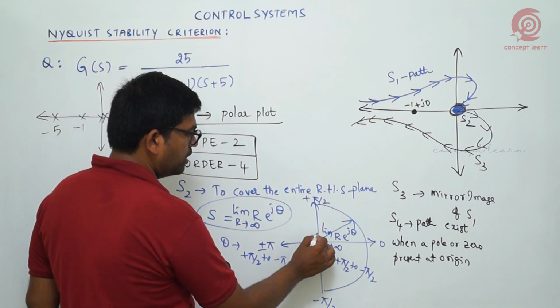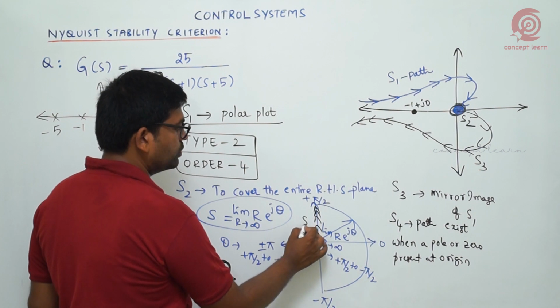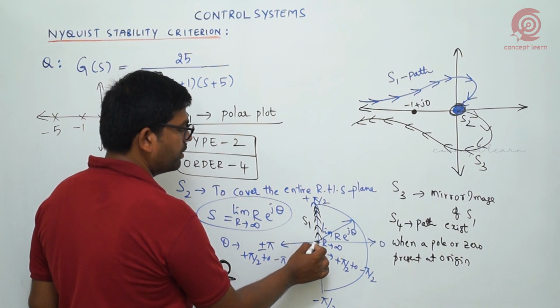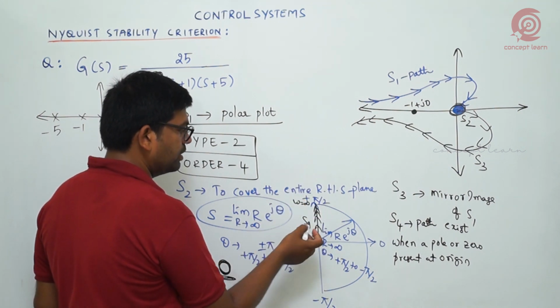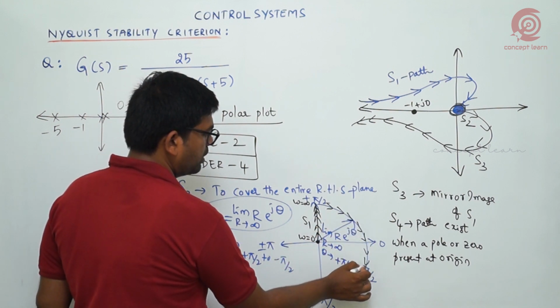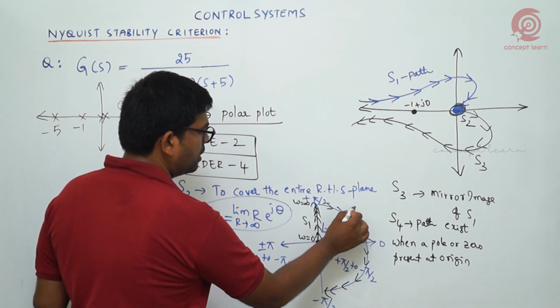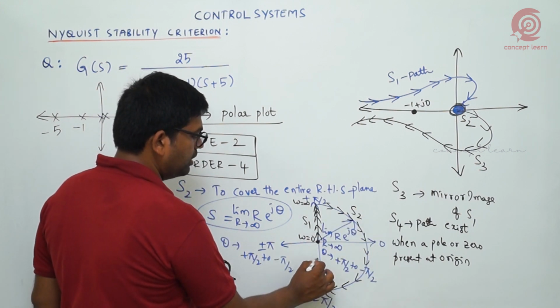This is the S-plane mapping. This is S1, where we are starting from omega 0 to omega infinity, which is nothing but the polar plot only. This is S2, which we construct to cover the entire right half of the S-plane, and this is S3.